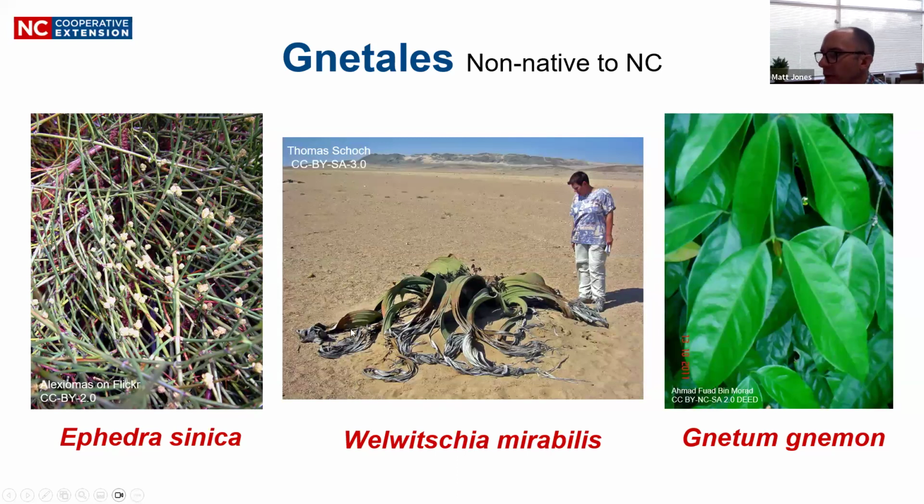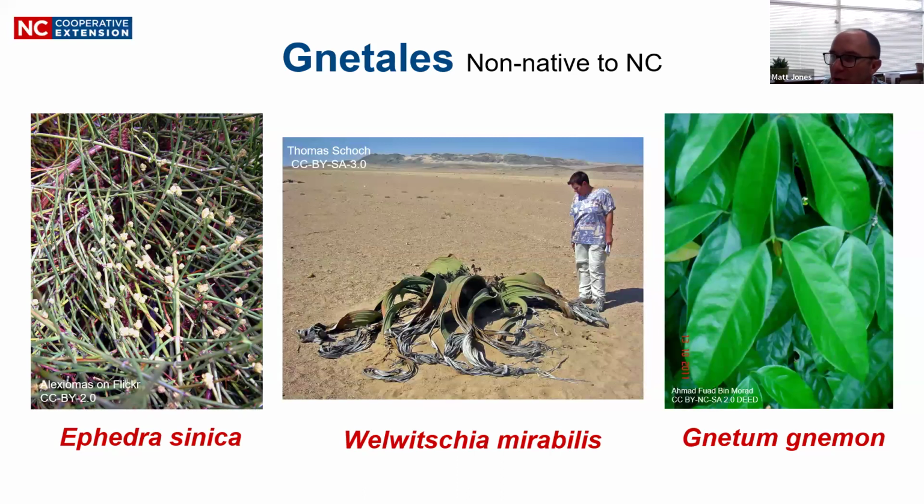Now, which is the weirdest of them all? This is kind of hard to figure out what you're looking at here. They grow these disc-like structures that produce one leaf each, and each of those leaves just keeps getting wider and wider with time, until they start to split and tear apart. It only grows in Namibia, Angola, and South Africa, so basically the Namib Desert.